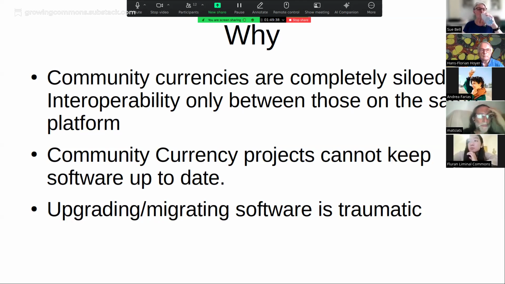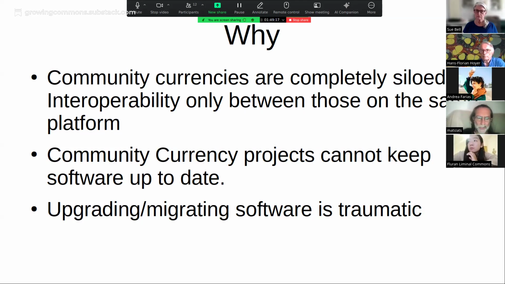But for me, at the very least, it seemed important that community currencies should be able to scale by joining together. And that would give a decentralized, people-led payment system or money system, something like that.